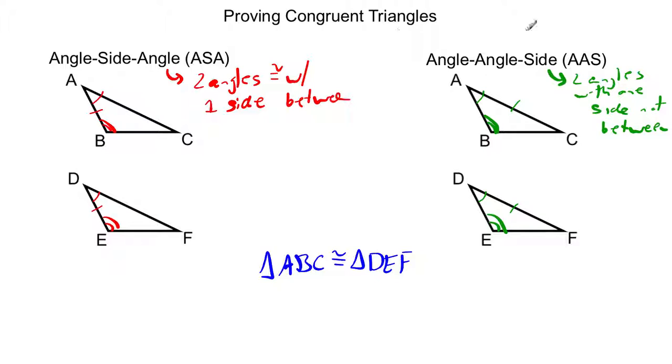Right now we've had 4 main theorems to look at to prove triangles congruent: side, side, side, side, angle, side, angle, side, angle, and angle, angle, side. So just make sure you keep getting practice with these, and sometimes you can actually prove them in multiple ways. And it's a good idea to try and look for all the possible ways to prove them.